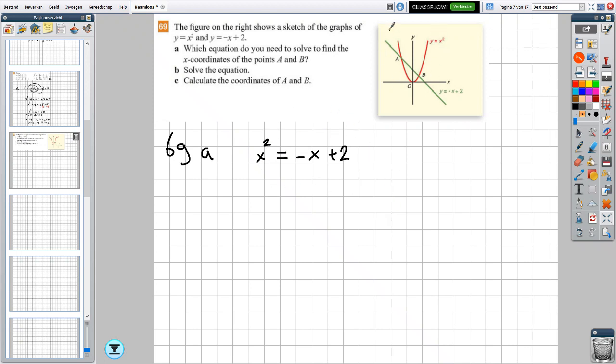So if two graphs intersect with each other, you can just say they are equal to each other in that point. And at B we want to solve this equation. I want to get rid of this -x and +2 on the right hand side. I'm doing this part of the exercise quite quickly because it's about solving equations, and I think the focus point of that is in paragraph 7.5.